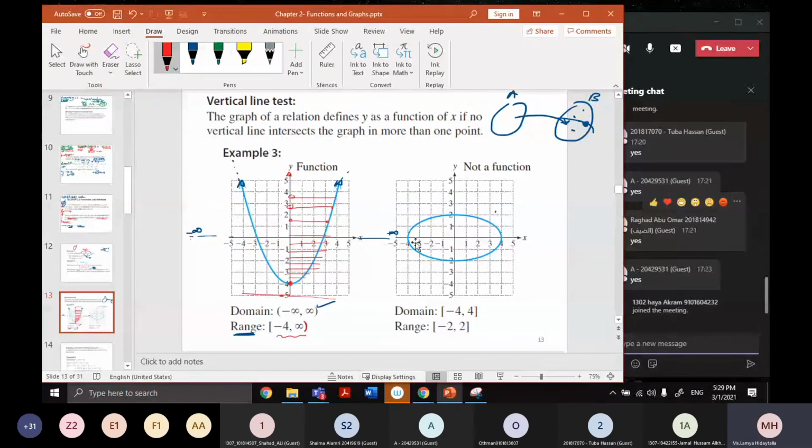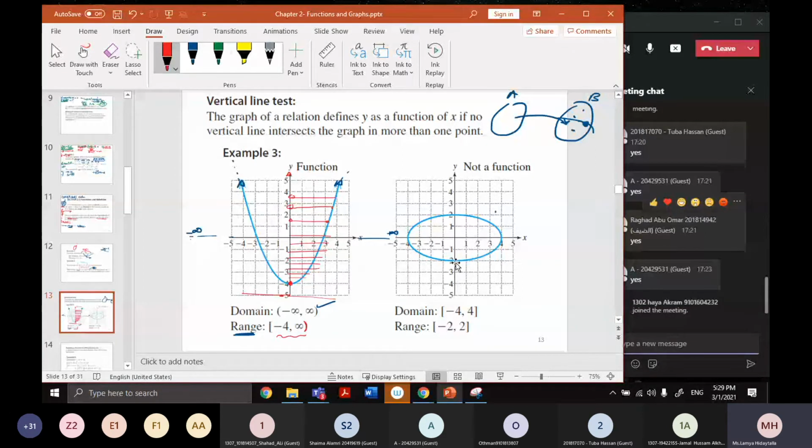Yes? يبقى الدومين اللي هم الاكس values. This is your graph. صح؟ So everywhere, every x value هنا it is there in the function, correct? يبقى from -4 and up to 4 and it is closed. صح؟ الانترفلز closed لأنه -4 is there in the graph and the 4 also is there in the graph.